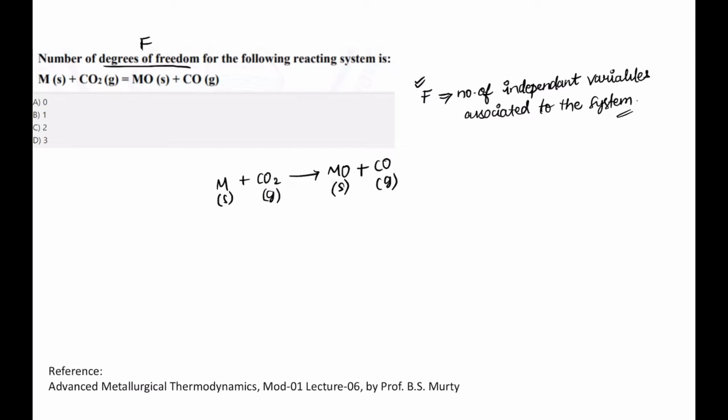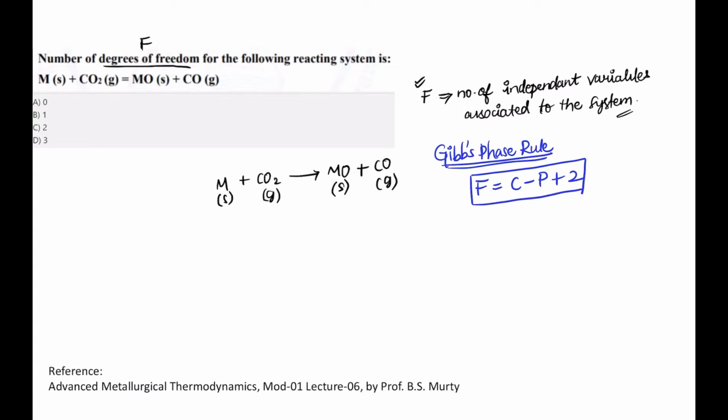So we have a very well defined rule, which is called my Gibbs phase rule, which can be used to calculate my number of degrees of freedom. So F is equal to C minus P plus 2. This is the very famous Gibbs phase rule.